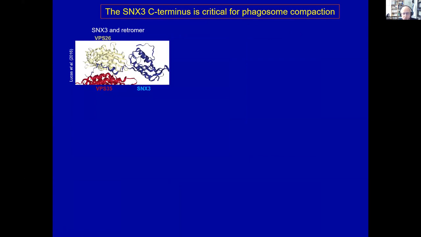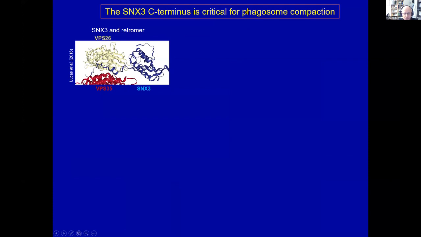So I told you SNCS3 is really tiny. Luckily for us, there has been a crystal structure published of SNCS3, and you see it here in this crystallography depiction in blue. And it has been known for quite a while that SNCS3 is able to bind the retromer complex, which is a complex that is involved in membrane tubulation, which got our interest.